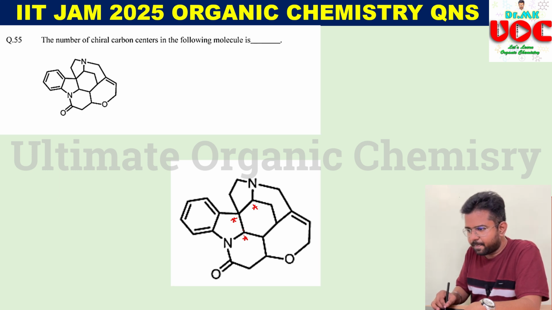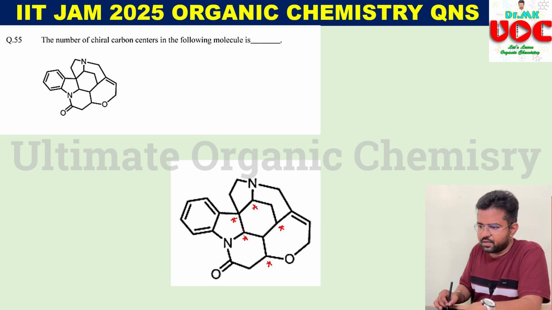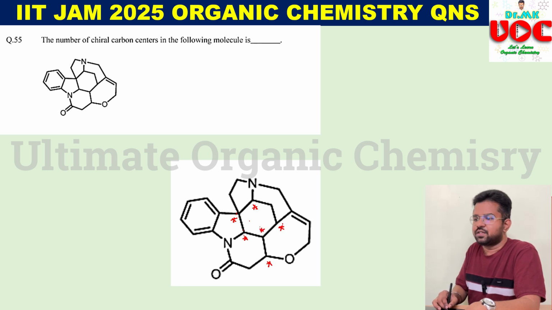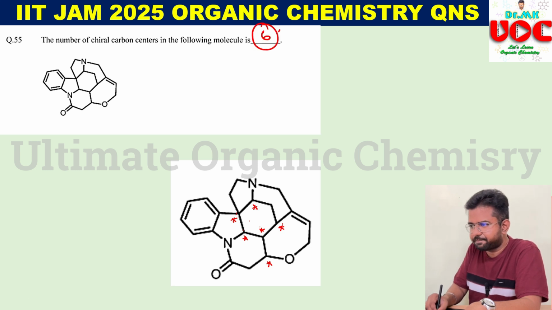And there is a formation of a chiral carbon here. Here also there can be a chiral carbon. So that means 1, 2, 3, 4, 5, and there is one more chiral center here. So there are 6 chiral carbons present in the given molecule: 1, 2, 3, 4, 5, and 6. So the right answer is 6.